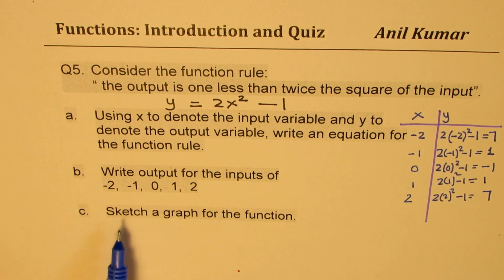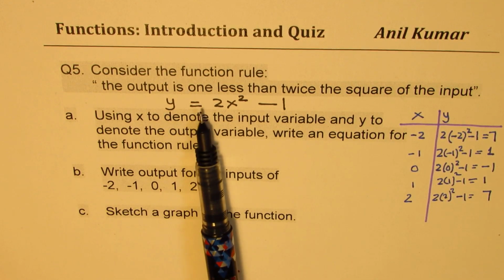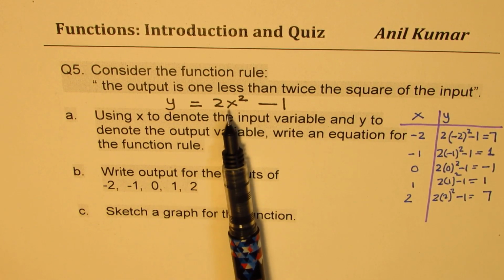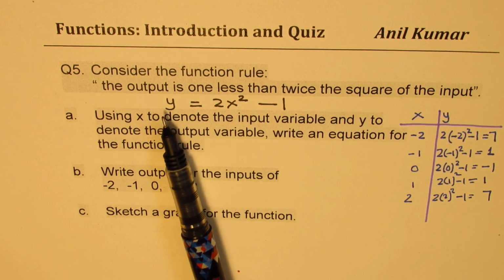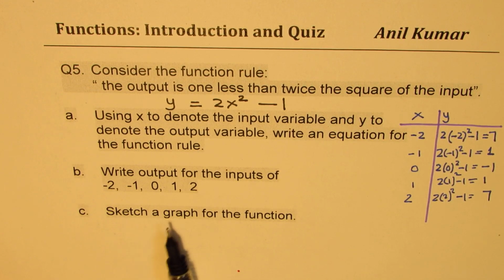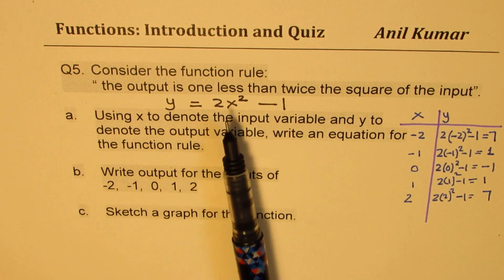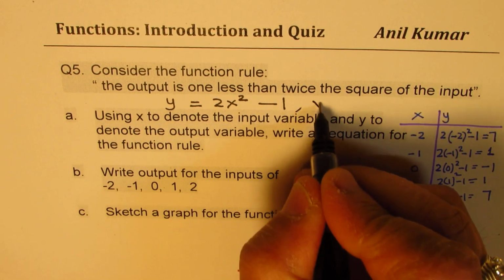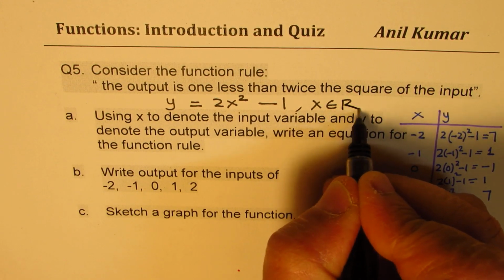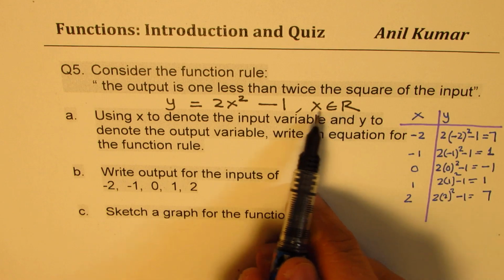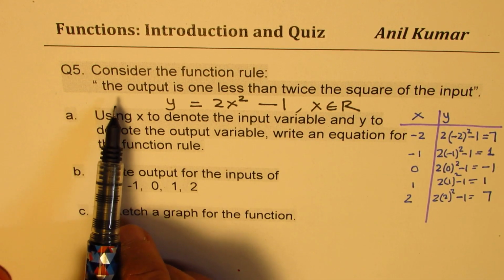Now this part here is sketch a graph of the function. So it is definitely a function, since for every value of x, we have a unique value of y. When we say sketch a graph, we mean a general graph where x belongs to any real number. Do you understand? So there is no restriction on x as far as the question is concerned.